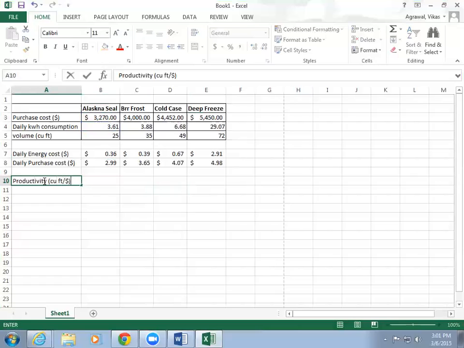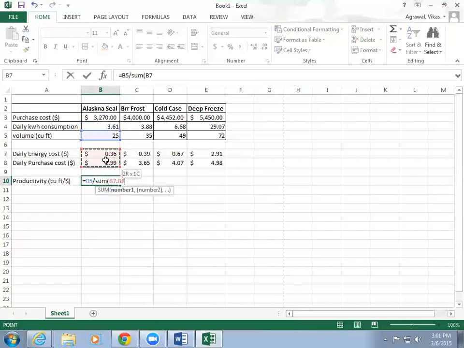So how much cubic feet they are giving you per dollar input. Okay. So that's going to be equal to the volume you have, divided by, I'm just going to do the sum. You can do the sum or you can just add individually, doesn't matter. Sum of those two costs, that's the formula we have there as well, right?